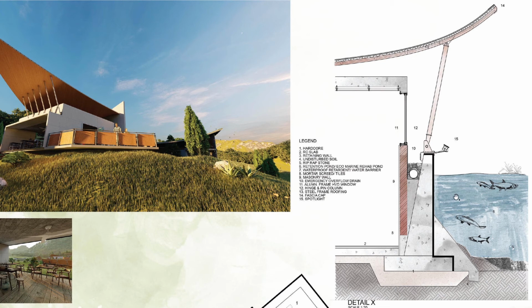So I propose this retention pond act as an eco-marine rehab pond, an extra feature and a quite sustainable resolution for the site, where it captures and harvests rainwater and acts as a small lake for aquatic marine life.